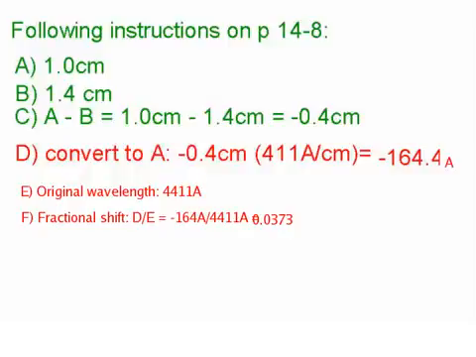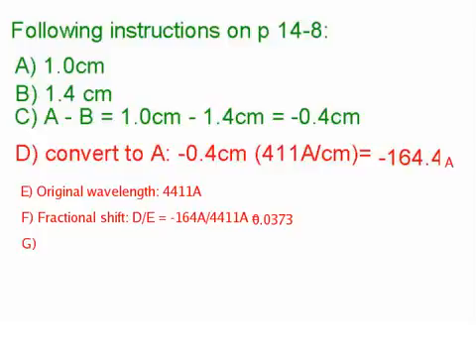Okay, now in G, we have a little bit of a twist. We're not calculating the percentage of the shift, but in G, we're actually calculating the speed of the star.